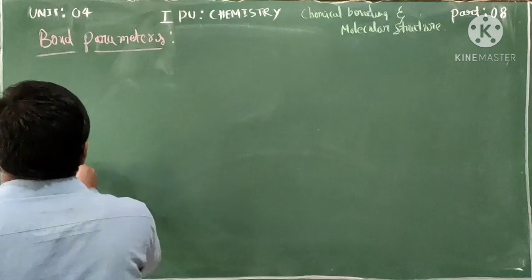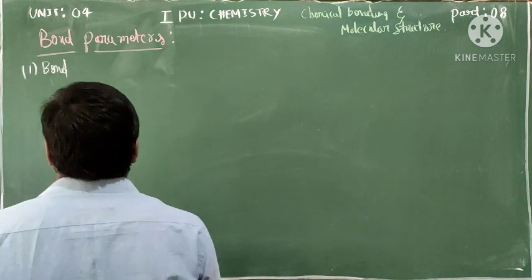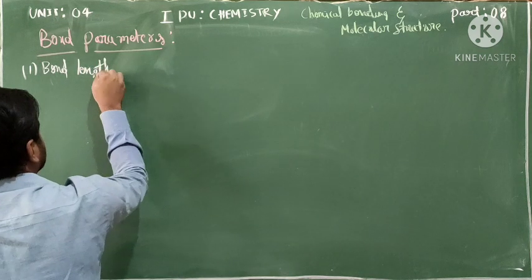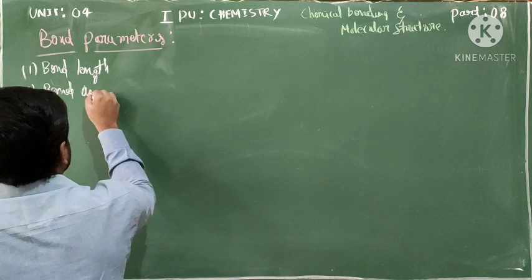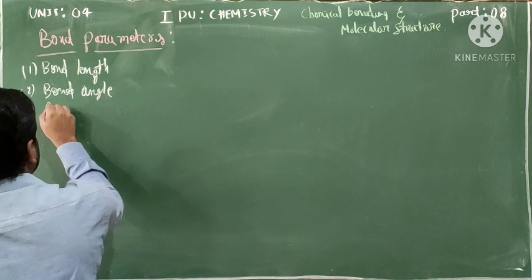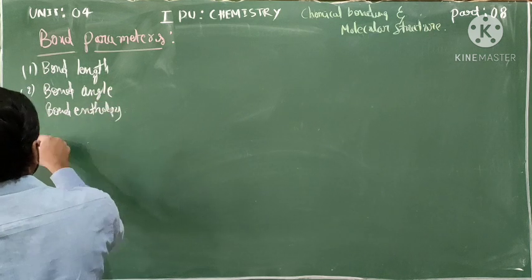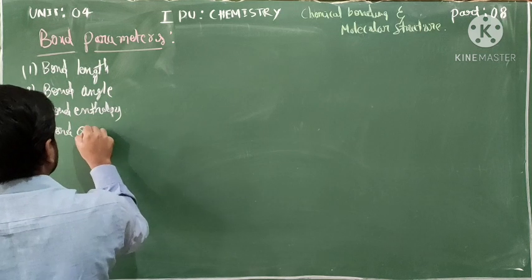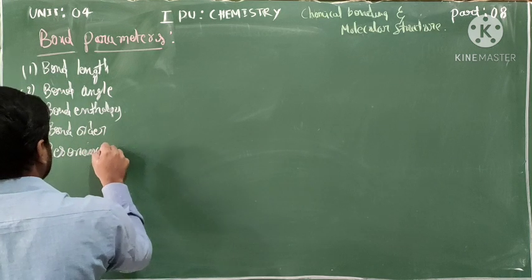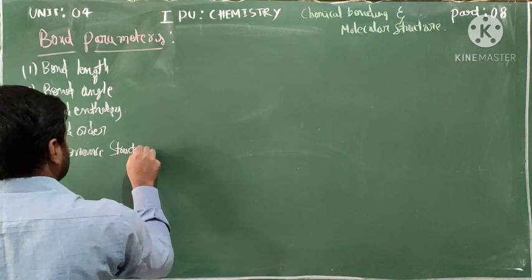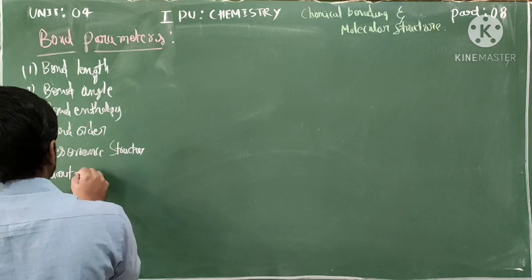The first one is bond length, the second one is bond angle, the third one is bond enthalpy, the fourth one is bond order, the fifth one is resonance structures, and the last one is polarity of bonds.